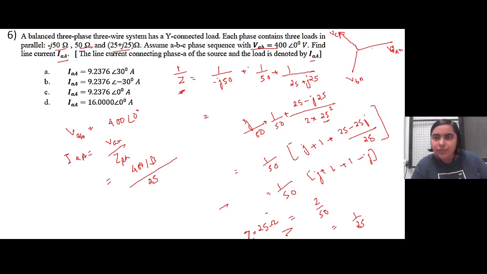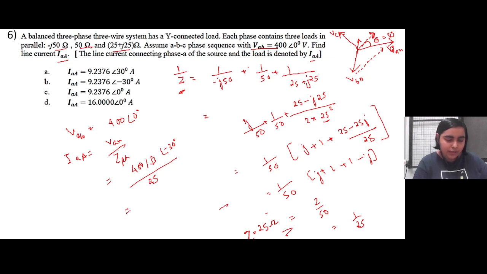VAB is the resultant of VAN and minus VBN, so the resultant lies in this direction, and this angle is 30 degrees. So for the A phase it is minus 30 degrees, for B it is 90, and for C it is plus 30.